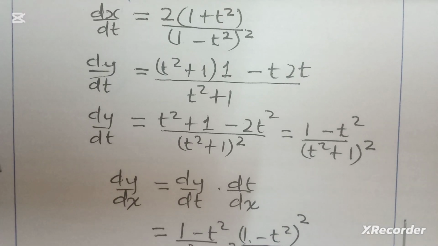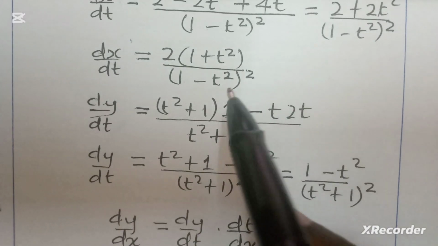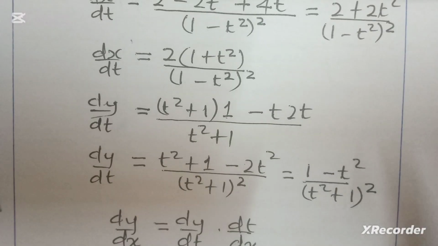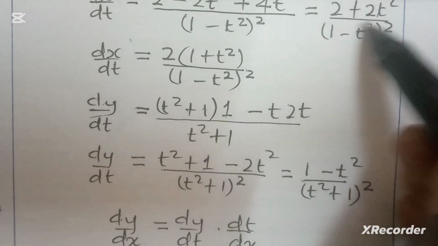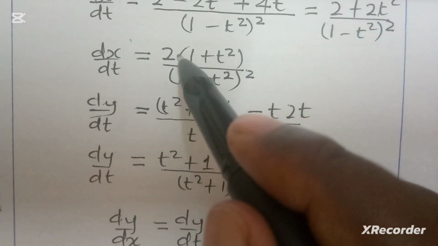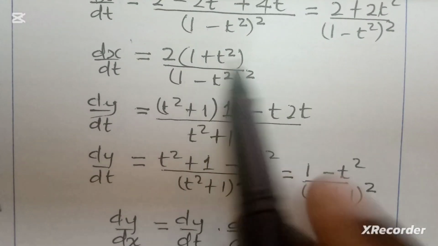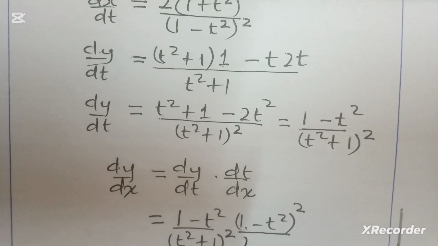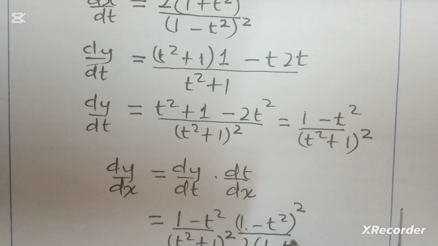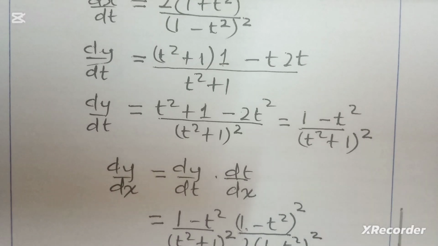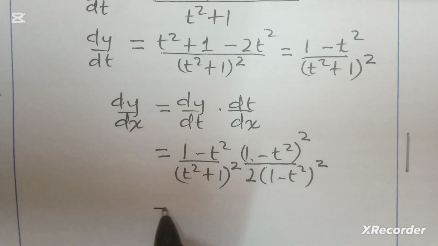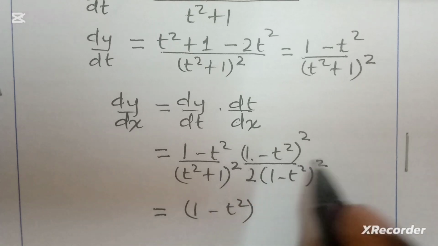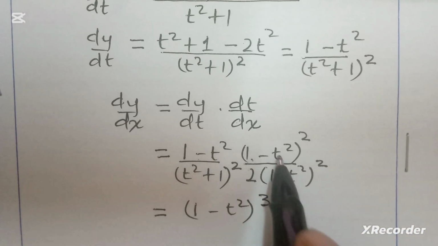this one now is going to be equal to 2, 1 plus t squared, which this one would have been, there have been 2 there, and I have factored out 2 in this, so we are actually using this 2, 1 minus t squared squared. So guys, our solution then is going to be 1 minus t squared now raised to 3, because these are the same.